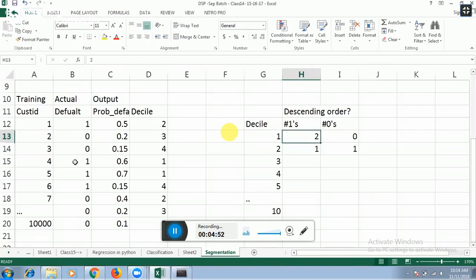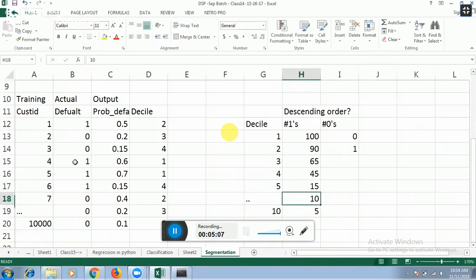For example, in decile 1, I have 100, then 90, then 65, and 45, and so on, then 15, 20, 15 or 10 and 5, something like that.